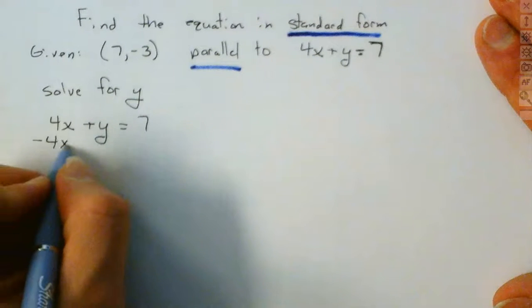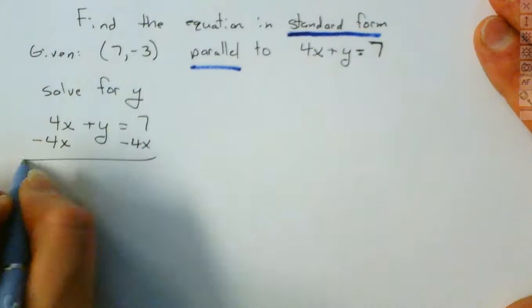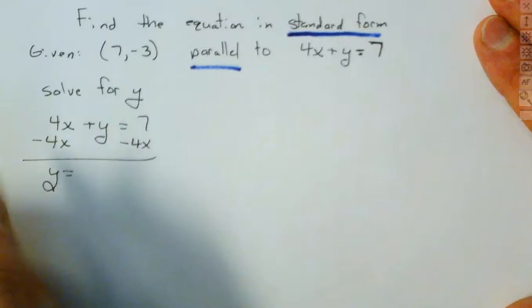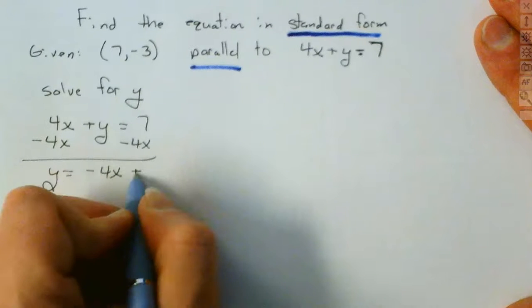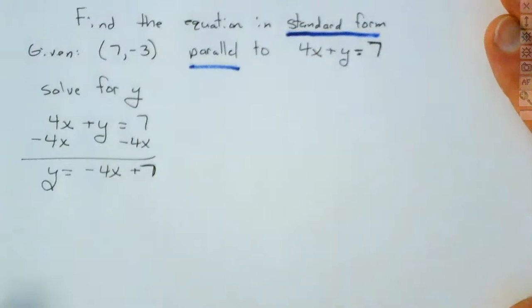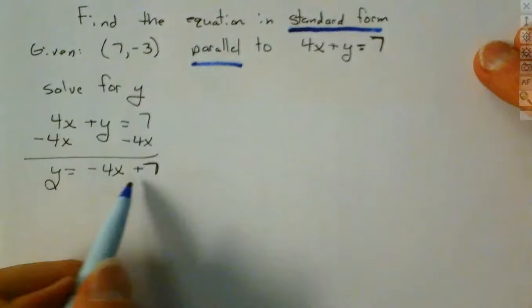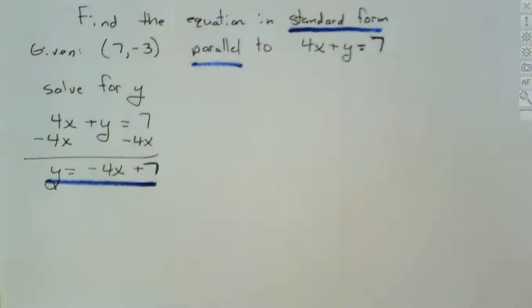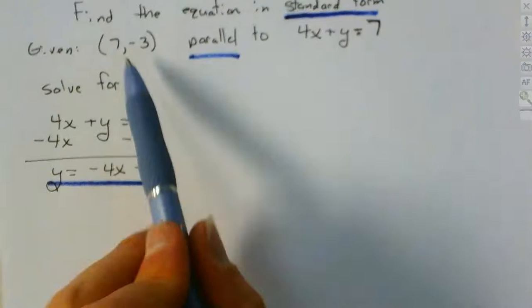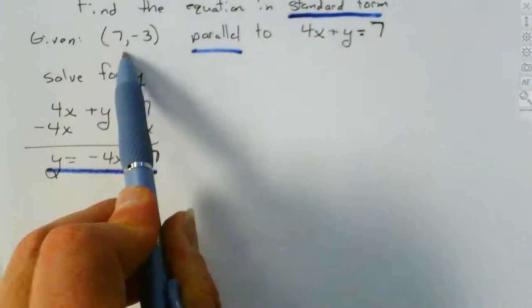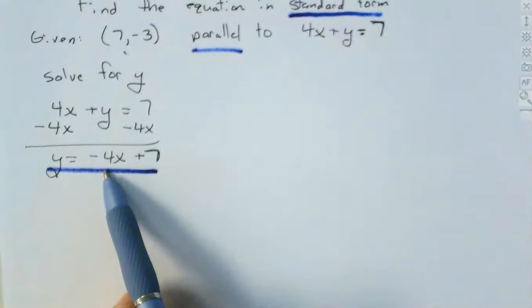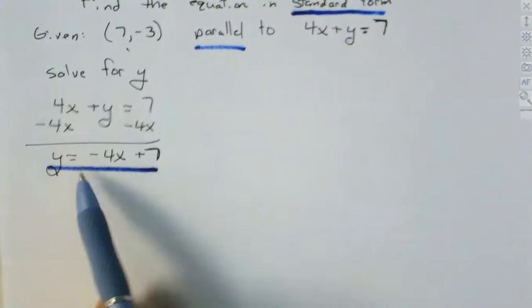Simple enough. Move your 4x over. So y equals negative 4x plus 7. There it is. We are not done yet. A lot of times I see students trying to stop here. We haven't even used this point yet. This is only part of it.